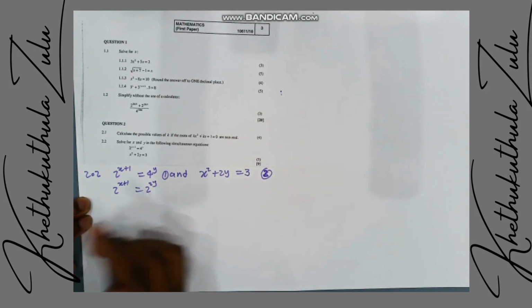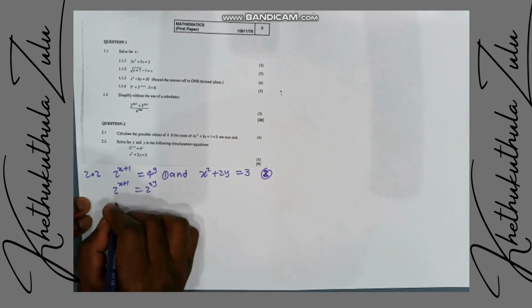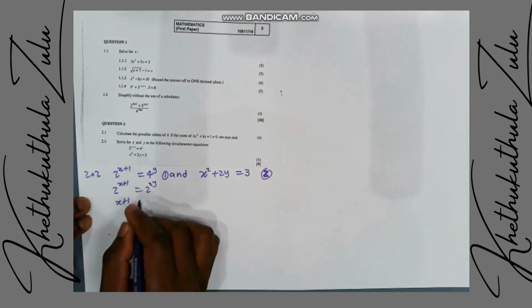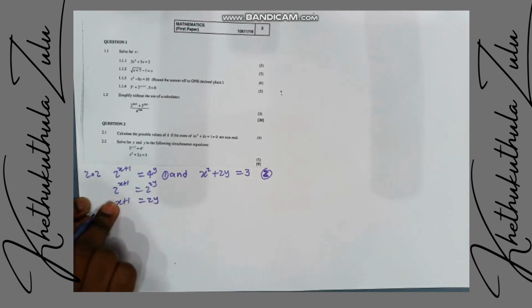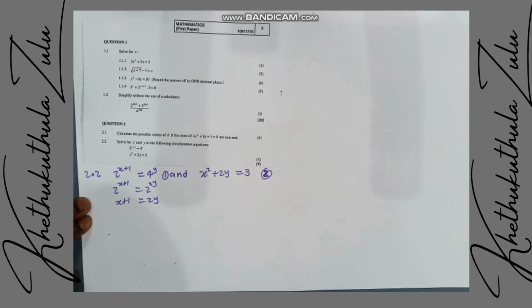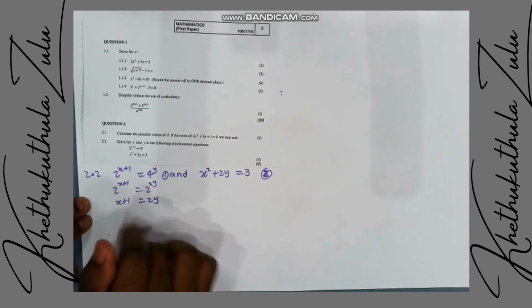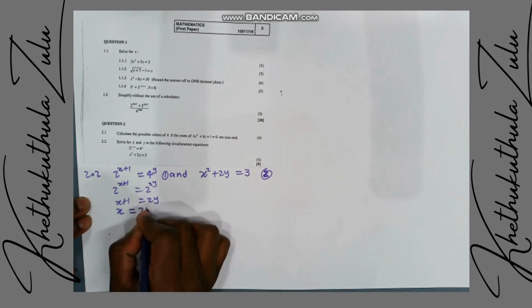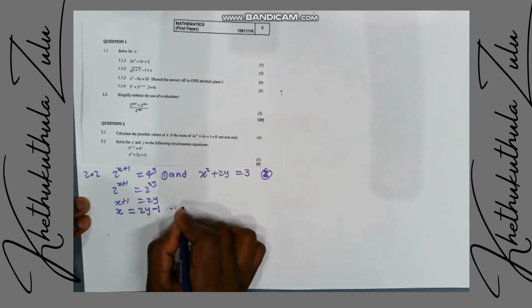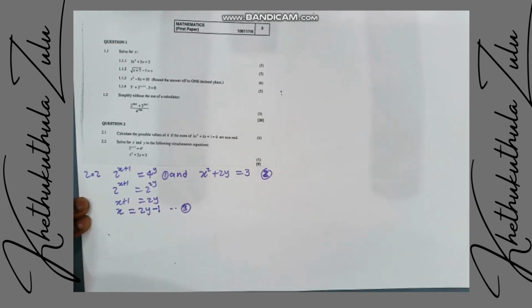Same base, we can drop the exponents if we have equal signs, so x plus 1 is equal to 2y. To make x the subject of the formula, we take the 1 to the other side, and x is just going to be 2y minus 1. We can call this our equation number 3.